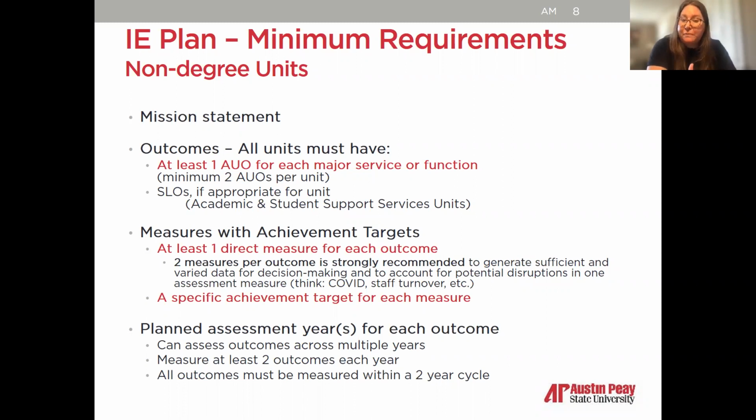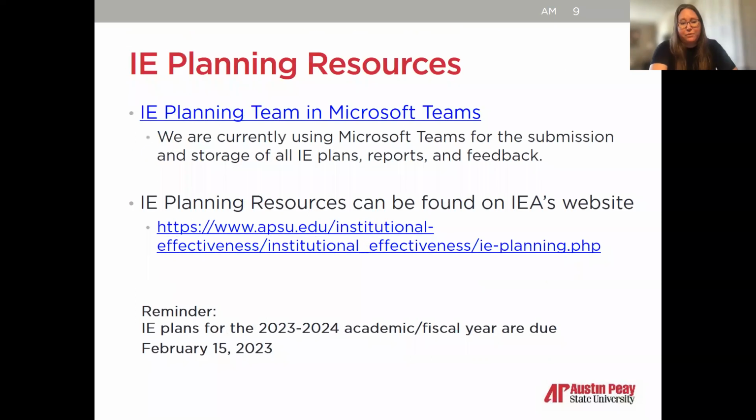You may change your measures, you may change your targets, but the outcome does not necessarily have to change. You may have a group of outcomes where you say, I'm going to do these 2 this year, these 2 the next, and then I'm going to go back to those previous 2 for the next year. That's completely up to you how you do that. But you don't have to come up with completely new outcomes every year.